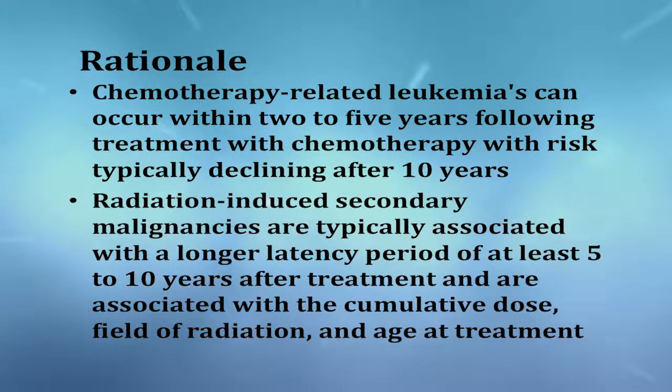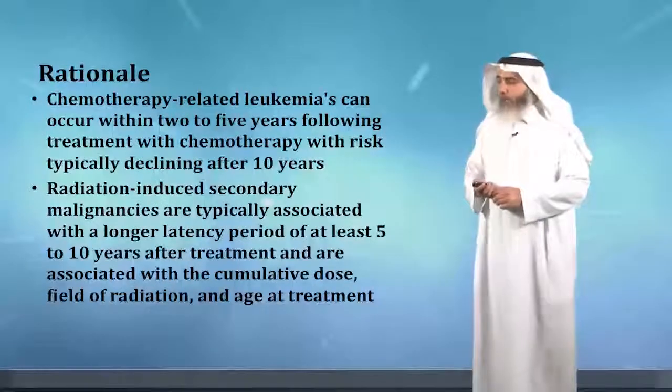It starts in the second year after the completion of the treatment, peaks at 5 years, and then declines until 10 years, and after 10 years you don't see any further chemotherapy-related leukemia. And the leukemia related to chemotherapy is of myeloid type.